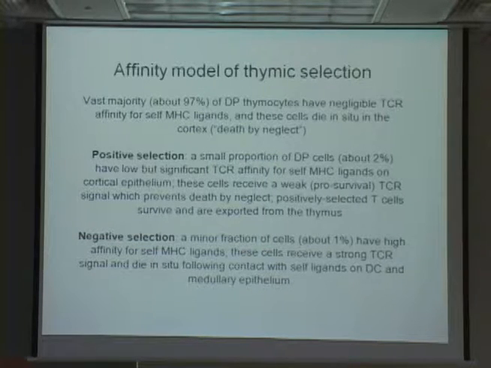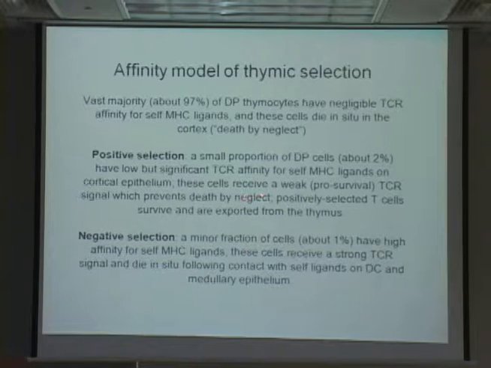Not too high, because that's going to kill them as we come down here, and not too low. If it's too low, they will die by neglect. Just low but significant. And that will give a weak signal through the T cell receptor. And that weak signal basically tells the cell, don't die, survive. And this avoids death by neglect. And these cells are then selected for export from the cortex into the medulla.